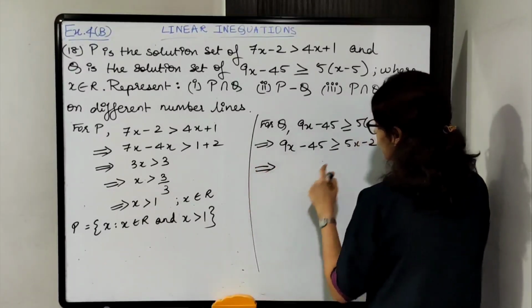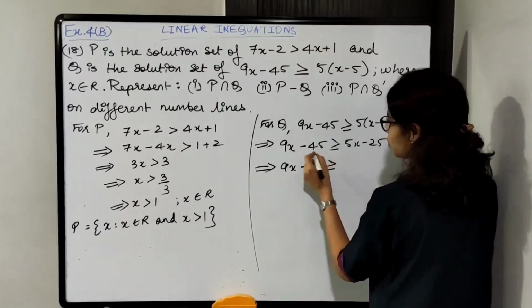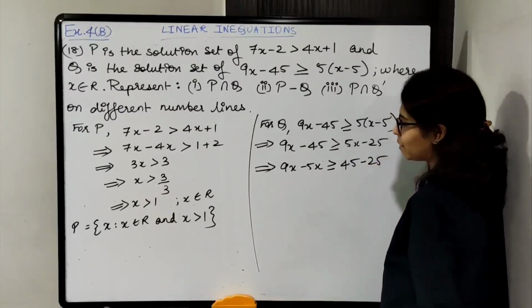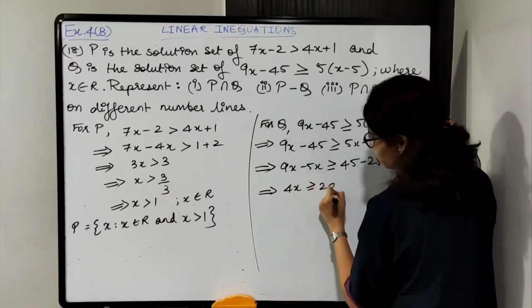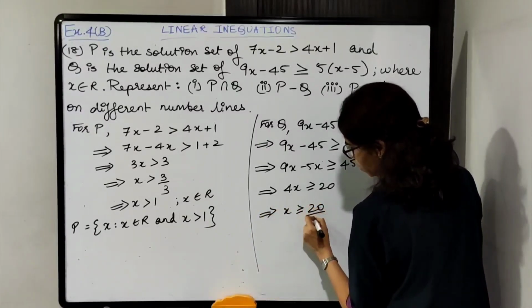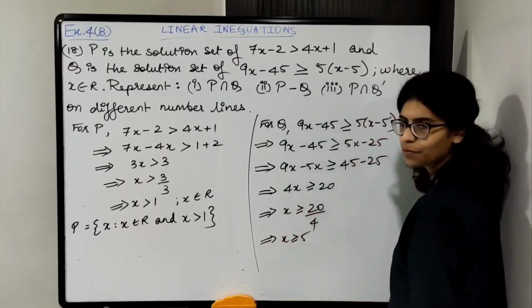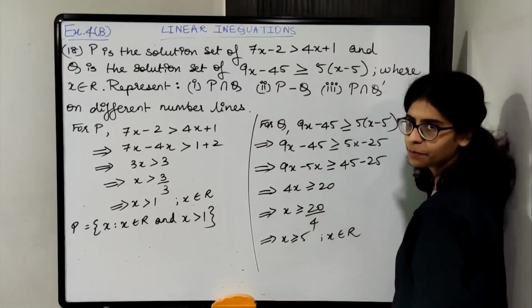So shifting 5x over here, 9x minus 5x is greater than or equal to 45. Shift करेंगे, it becomes positive, minus 25 as it is. So 4x is greater than or equal to 20, that is x is greater than or equal to 20 by 4, that is x is greater than or equal to 5 हो जाएगा. Okay, where x belongs to R.